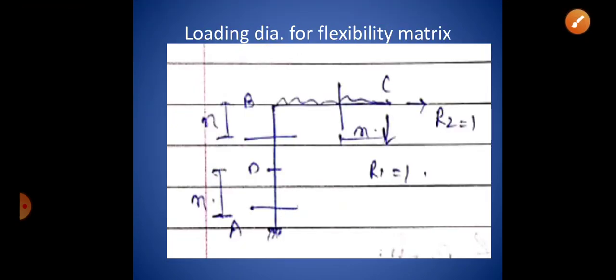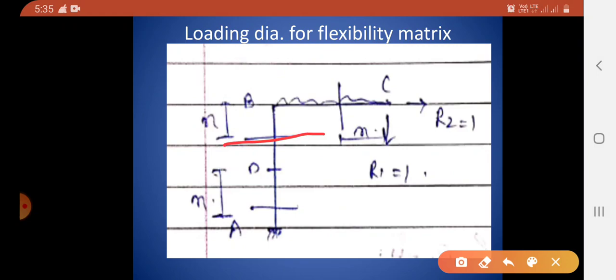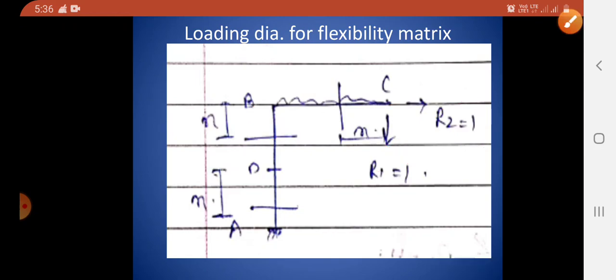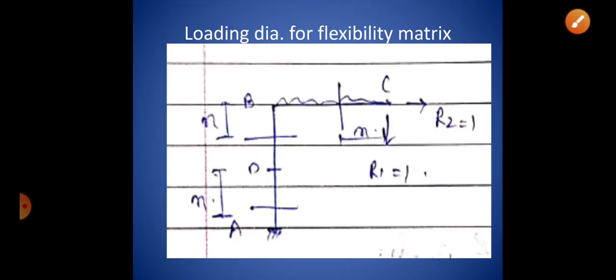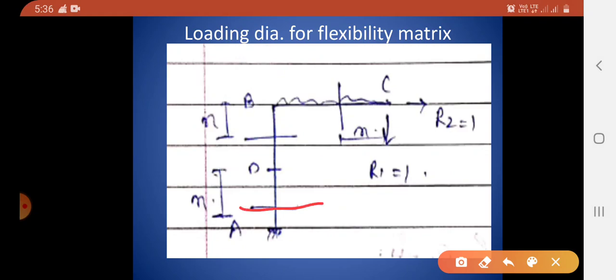Then go to the second part, take section 2. Again this R2 is causing a right clockwise moment, minus 1 into perpendicular distance X, so minus 1 into X, you can see here minus X. Then take the third part, and take section 3 in part DA.